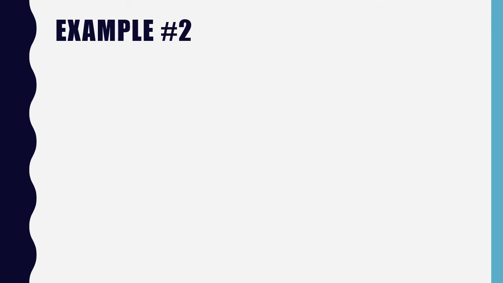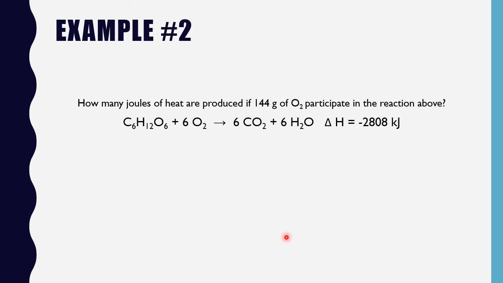All right, next example. For example number 2. How many joules of heat are produced if 144 grams of oxygen participate in the reaction above? Well, in this case, the reaction is below. The chemical equation has oxygen as a reactant, and I also have my delta H. I'm starting with 144 grams of oxygen, but I need to convert that to moles first.